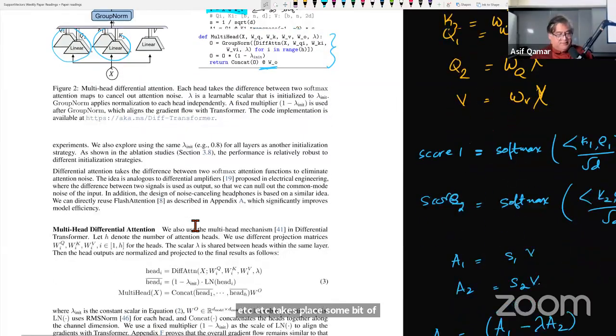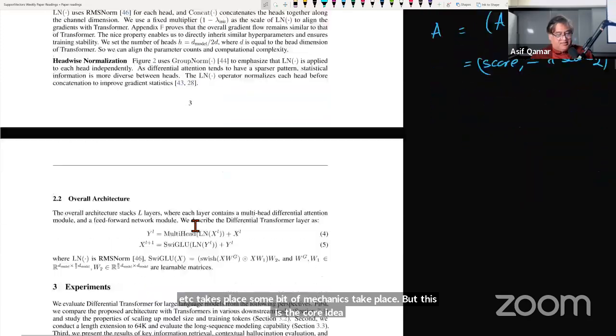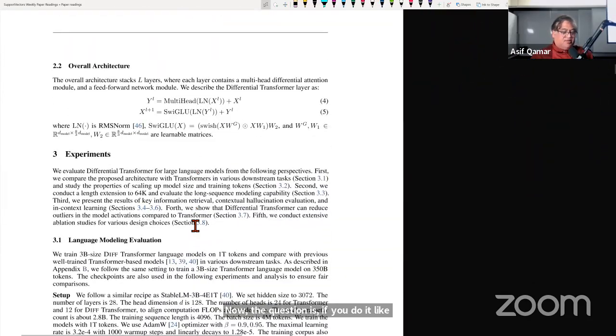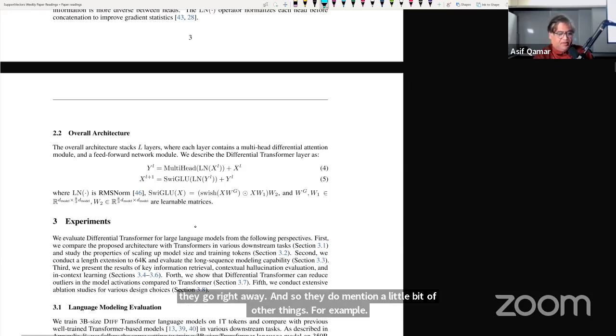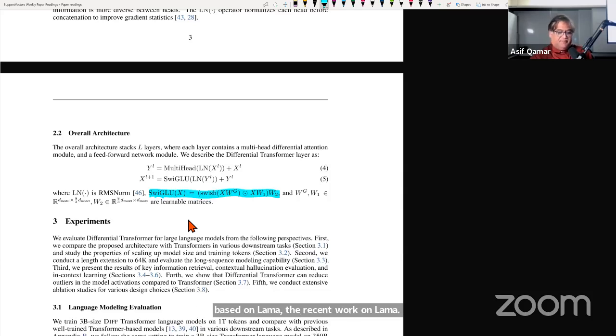Now, they do mention a few other things. For example, based on the recent work on Llama, the activation function they bring in is SwiGLU, which is swish times this. There's a bit of literature on why this is a pretty good idea.